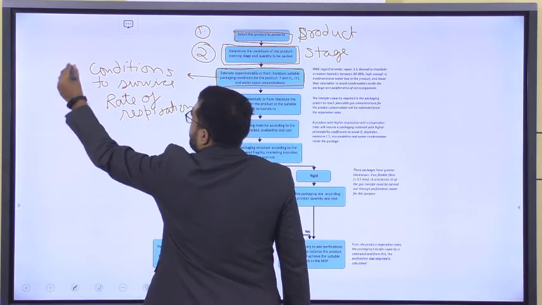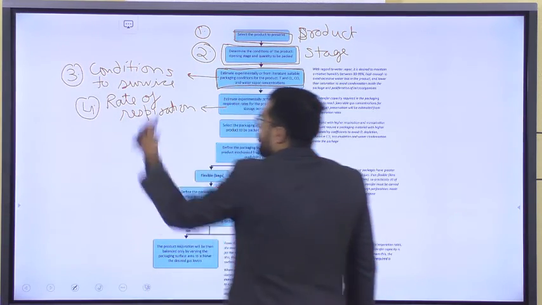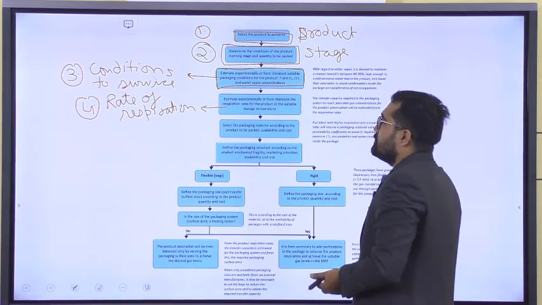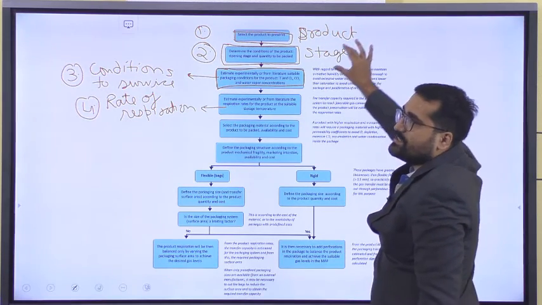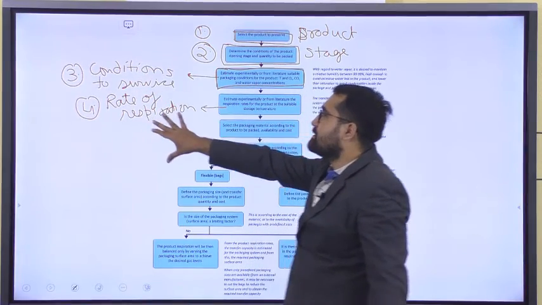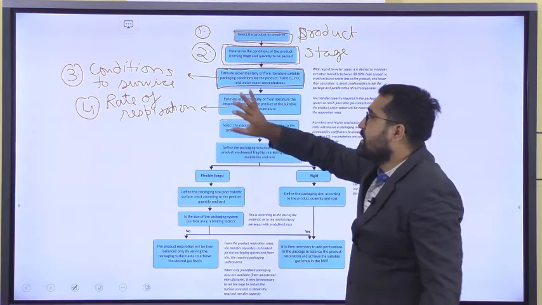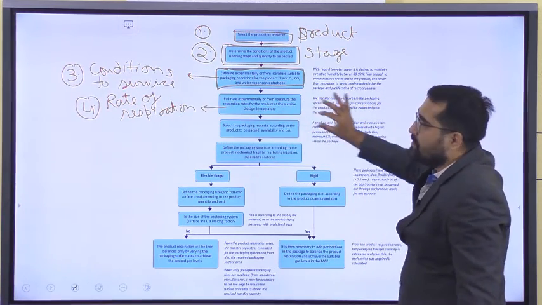Again, we can refer to the literature, or we can do it experimentally. Once we get the product, then the stage, then the conditions to survive, these are the conditions we have to maintain, and at those conditions we need the rate of respiration of the product.